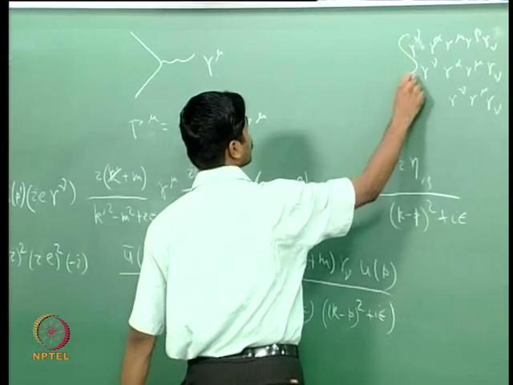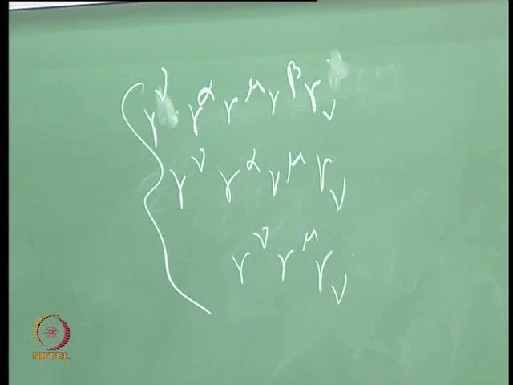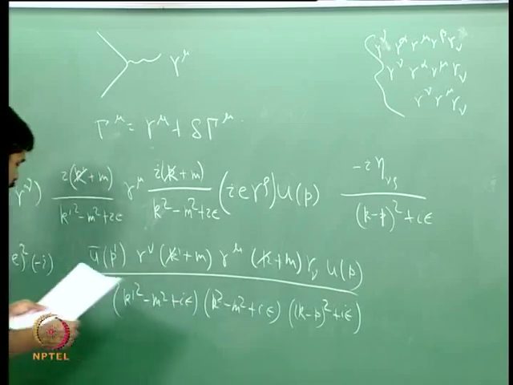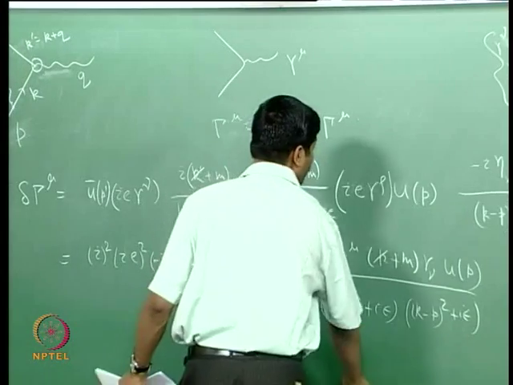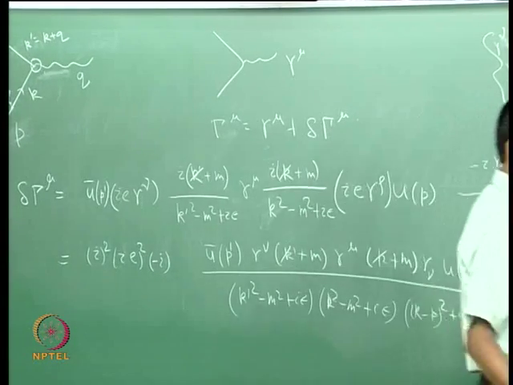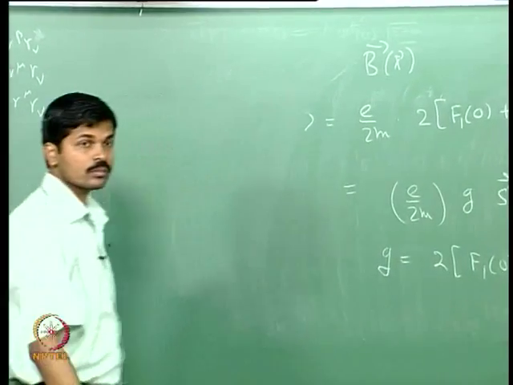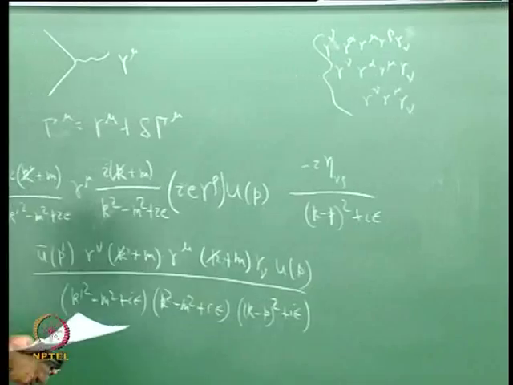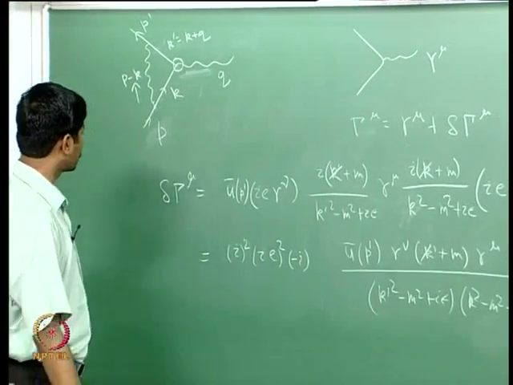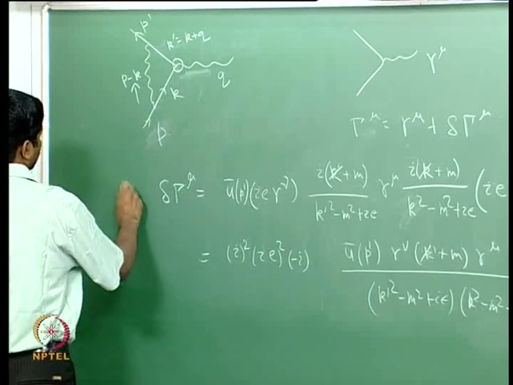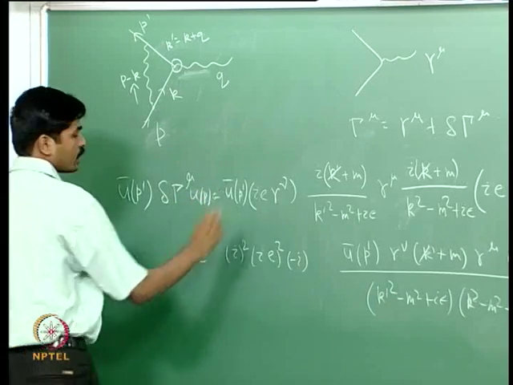So you can just use the identities we have derived earlier and plug them in here. It is a very straightforward thing. And finally, you can show that this quantity, when you use these relations, is what it is.